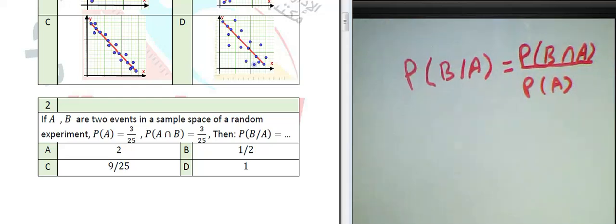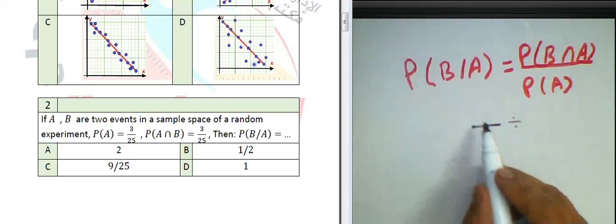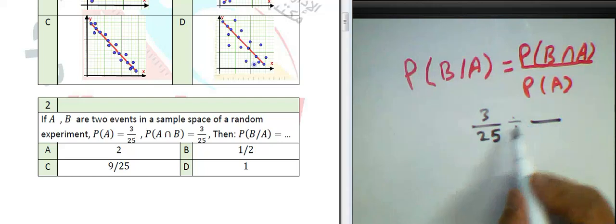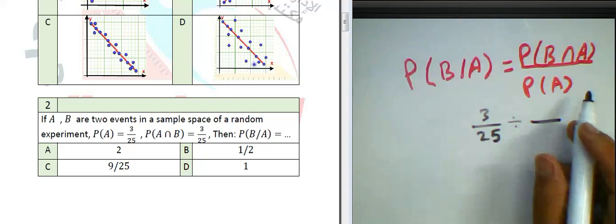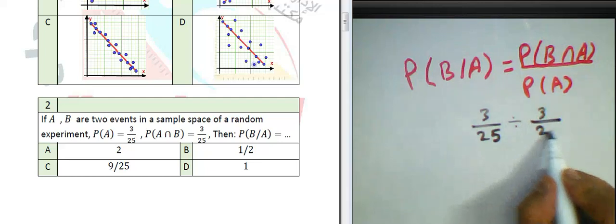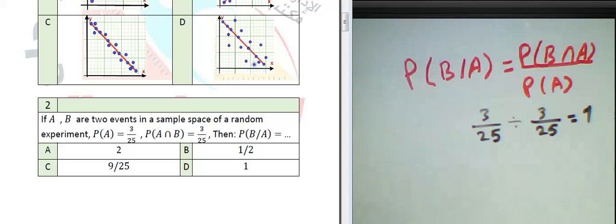You will find the result by dividing the probability of the intersection between B and A, which he gives us as 3/25, by the probability of A, which equals 3/25. It will be equality. The division between them will equal 1. The result will be equal to 1.